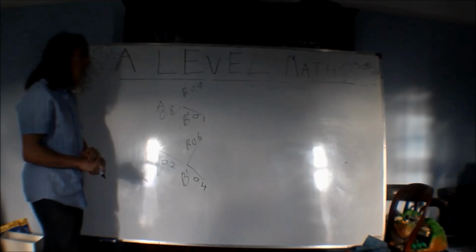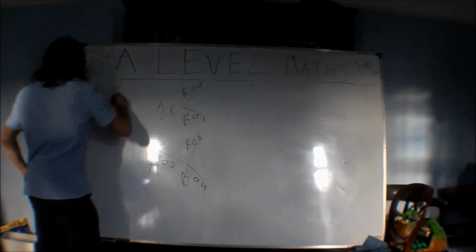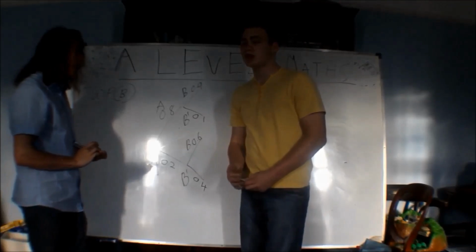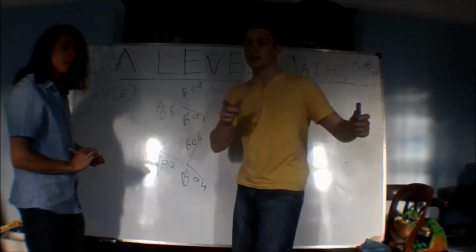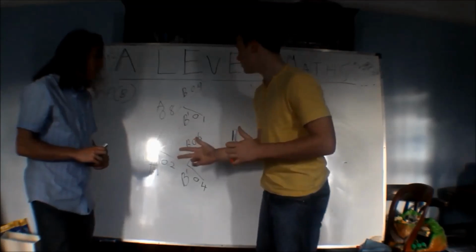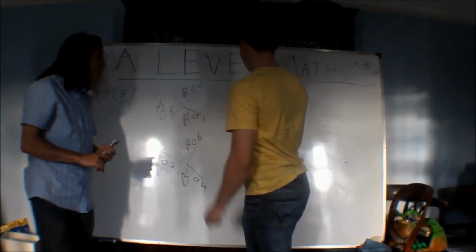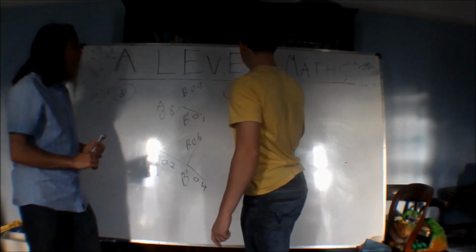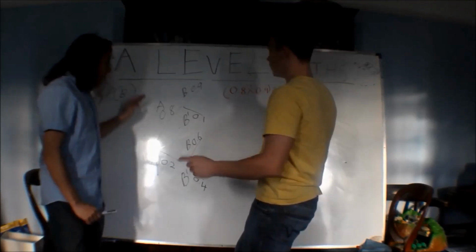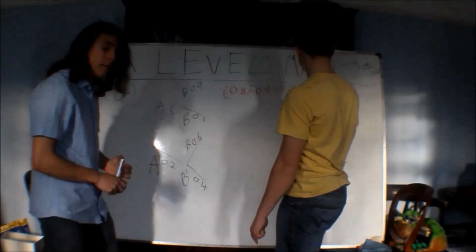Okay, now part A says find the probability of passing B. Okay, let's do it. In probability questions, the word and means times and the word or means plus as a general rule. So the probability of passing B, you can either pass A, then pass B, which is 0.8 times 0.9, or, which is plus, you can fail A and then pass B, which is 0.2 times 0.6.